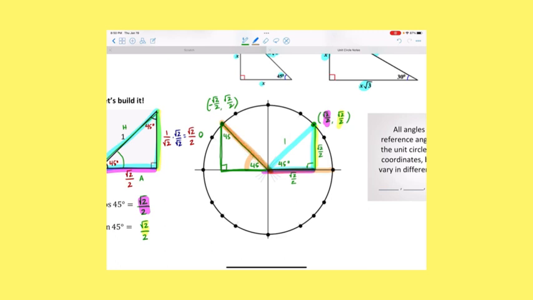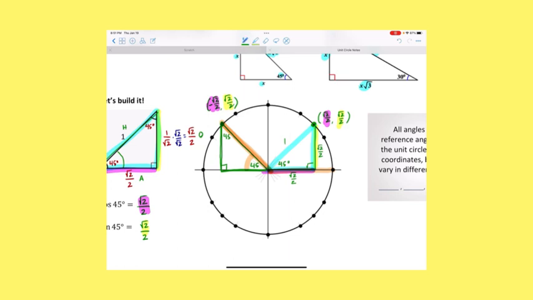That would be a 135-degree angle. So if I said, what is the cosine for 135 degrees, I can see right there it's going to be a negative radical 2 over 2. And if I said, what is the sine for 135 degrees? It's going to be right there, positive radical 2 over 2.